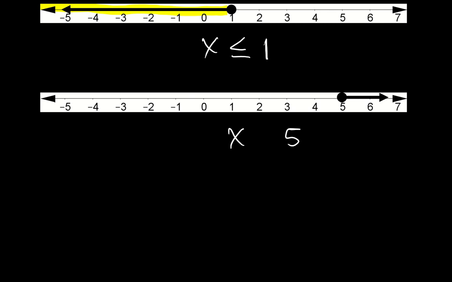So I would say here x's are greater than or equal to 5. So x could be, for example, 6, it could be 6 1/4, it could be 7, it could be 12, it could be 52, it could be 5. x can be 5 or anything greater than 5. x's are greater than or equal to 5.